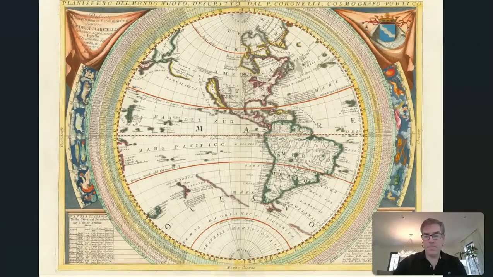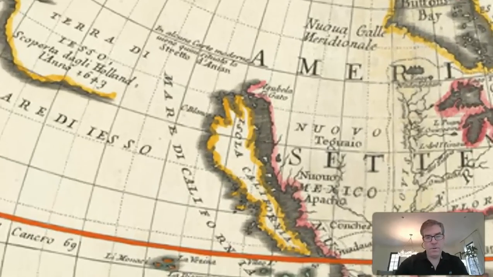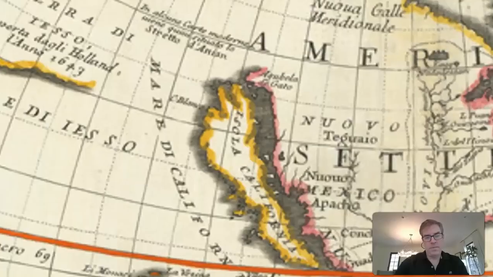Here's another map, again showing California as an island, and you can see Terra de Yeso, land of Jesus. This was discovered in 1643, but you can see the Strait of Anion right there.